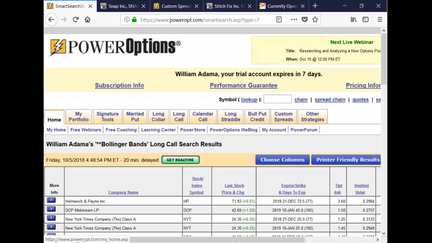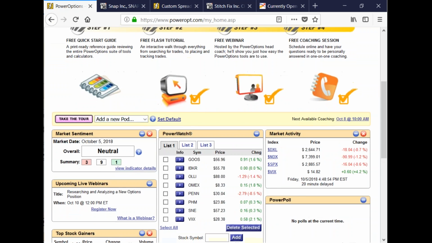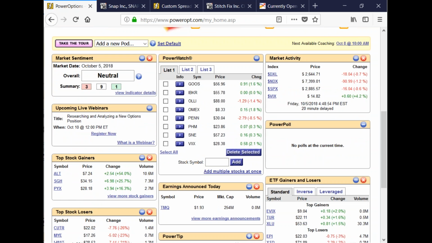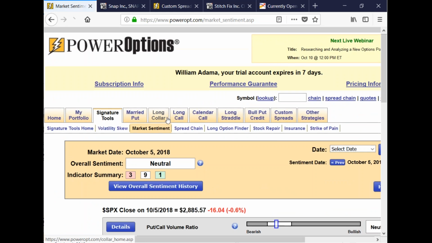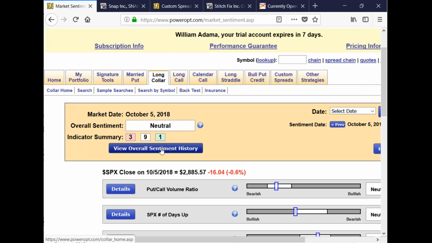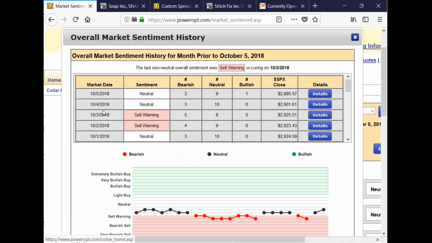On an offshoot, I do want to mention that this was neutral, but there we go, view overall sentiment history. I did sell a lot of calls on some of my positions, and I adjusted my diagonal spreads based on this that came up on 10.2 and 10.3. So the sell warning triggered on 10.2 and 10.3 with 5 and 8.